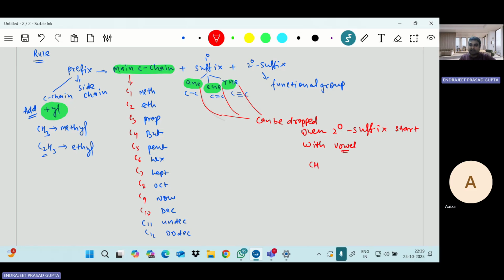For aldehyde we are writing al, so there is vowel a. Ketone, C double bond O, is one, so the vowel is o. For COOH we will write oic acid, so o is a vowel. When you are going to add the secondary suffix, just remove the e of the primary suffix.